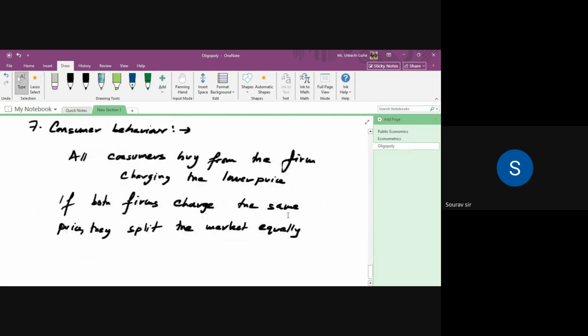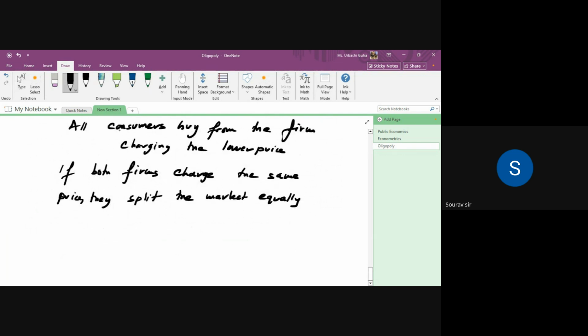Okay, so how does it go? Price undercutting dynamics. This way we have to remember. Suppose the mechanism goes like this. Suppose firm A charges the monopoly price initially.